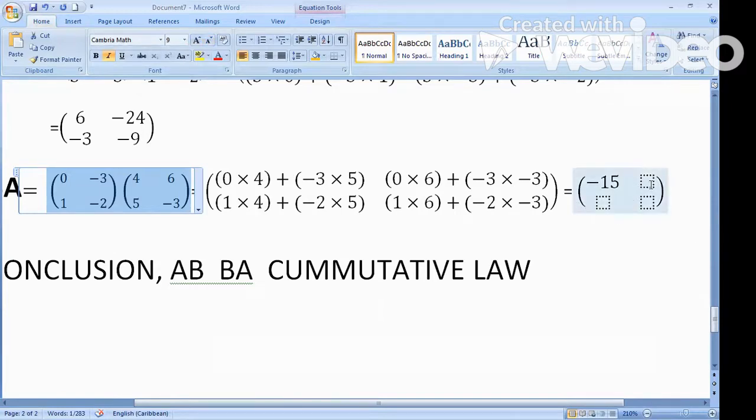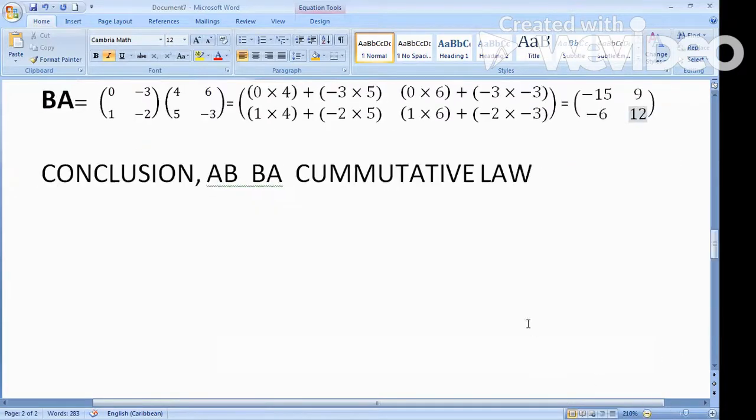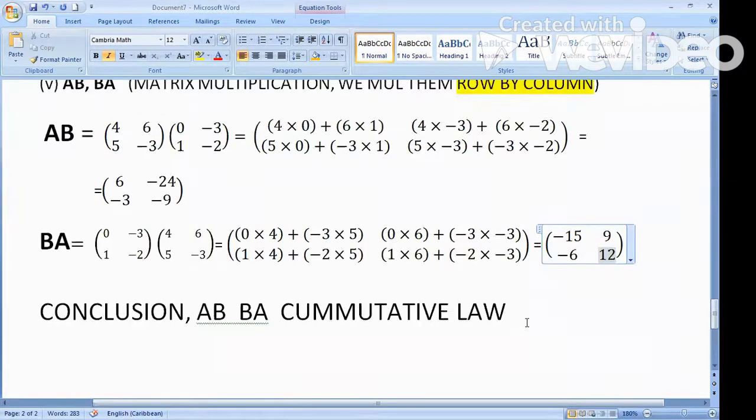Yes, so that'd be 9, because a negative times a negative is positive. At the bottom now, we'd have -6, correct. And then you have positive 12. You're absolutely correct. Very good. Excellent. Good job. All right, class, are you following?